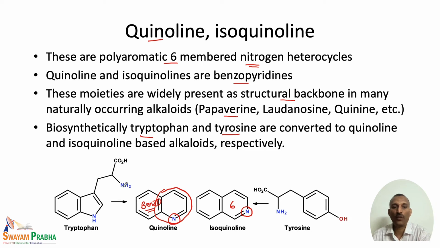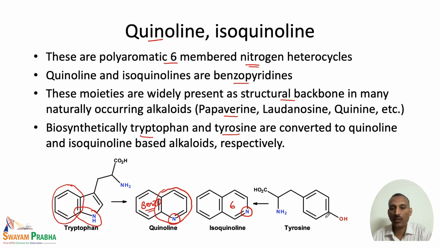As the structure is given here, tryptophan has a benzene ring with the nitrogen at the one position, that means just adjacent to this ring. That is the reason tryptophan is the biosynthetic starting material for the formation of quinoline.